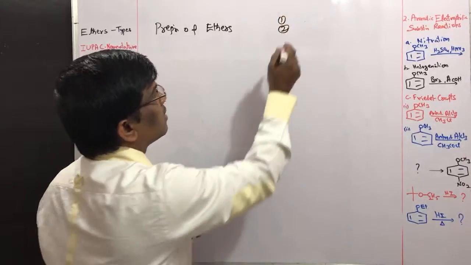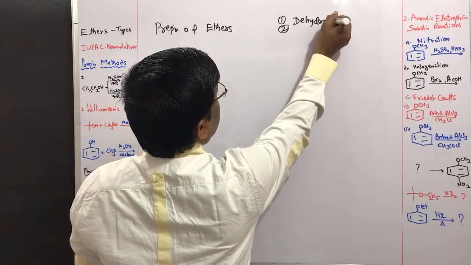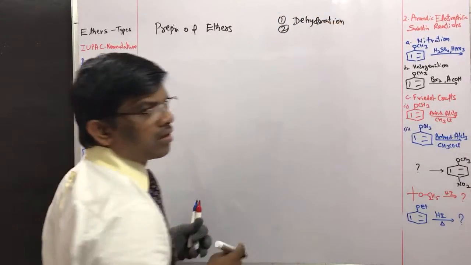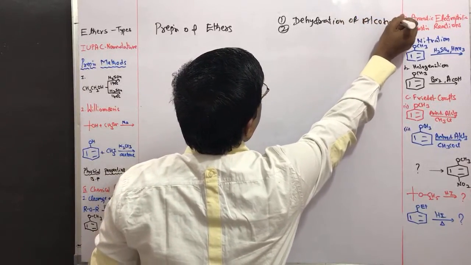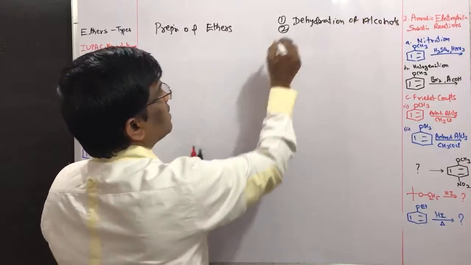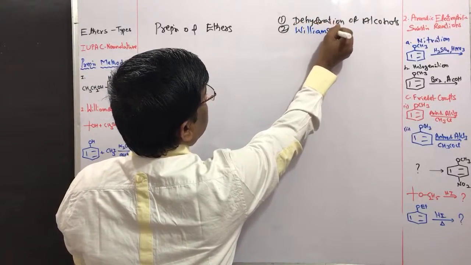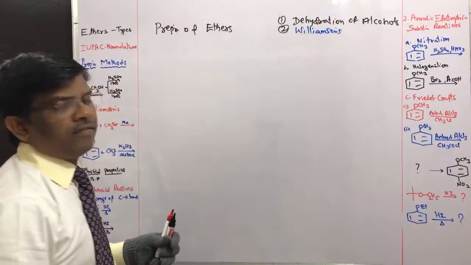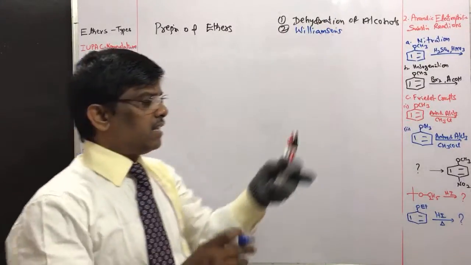One is dehydration of alcohols, and the second one is Williamson synthesis, which is a very important synthetic method for the synthesis of ethers. Williamson's ether synthesis. Let us see one by one.